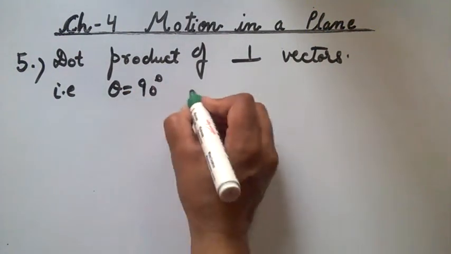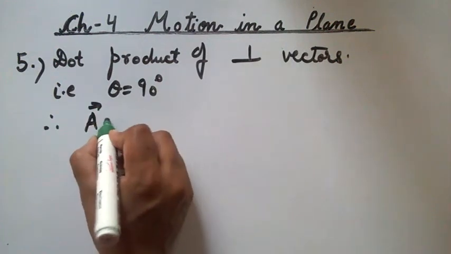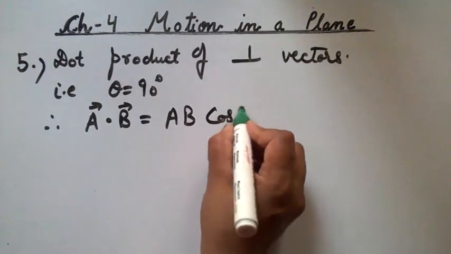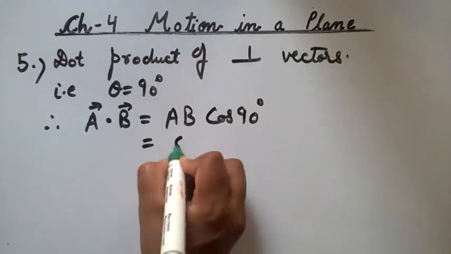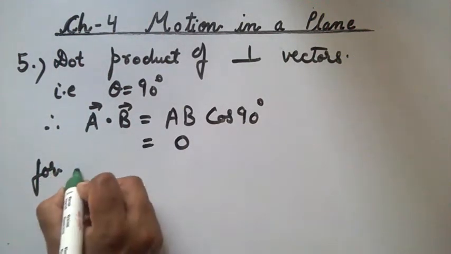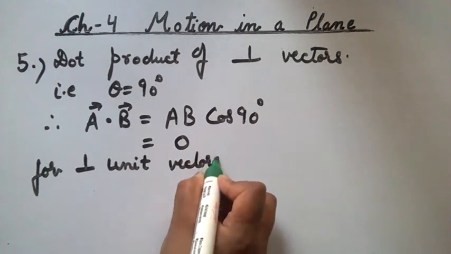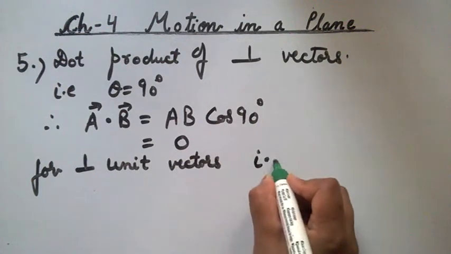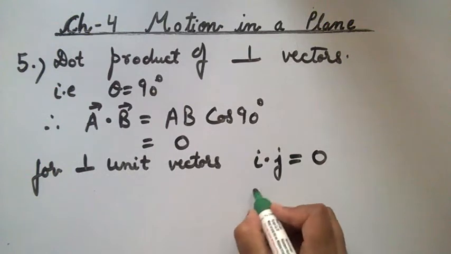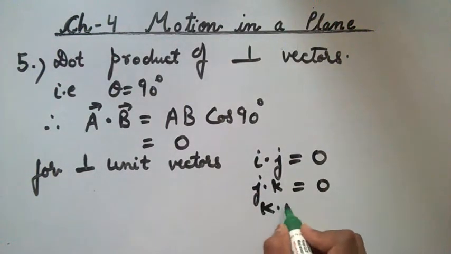Therefore, a vector dot b vector equal to ab cos 90, which is 0. Similarly, for unit vectors, i dot j equal to 0, j dot k or k dot i equal to 0.